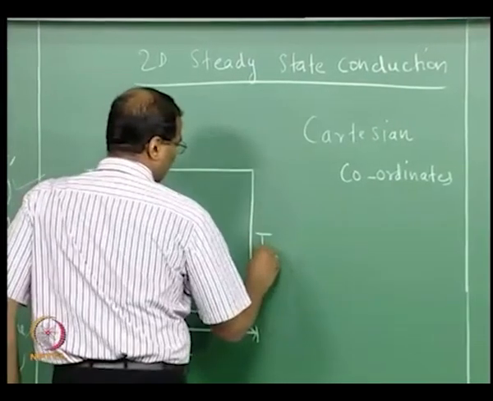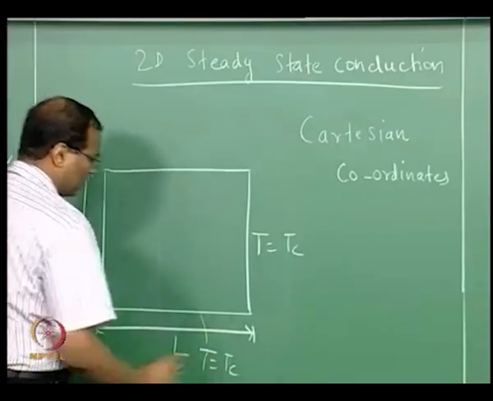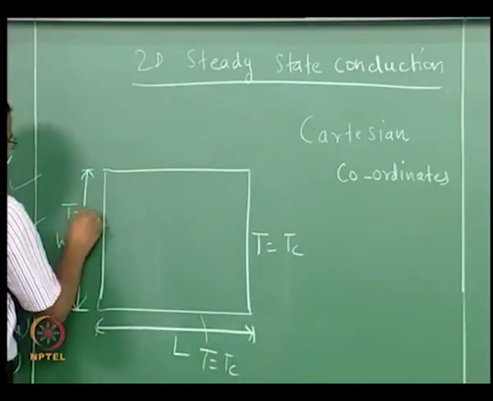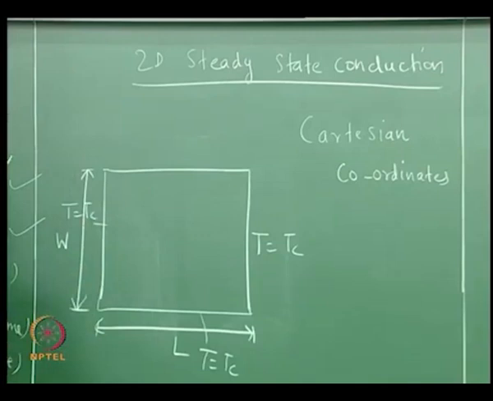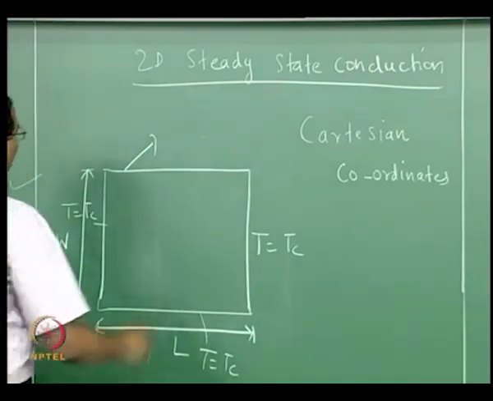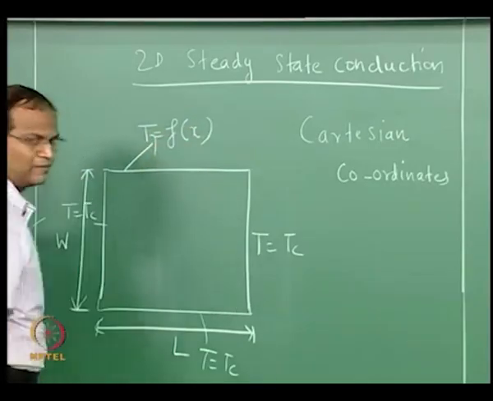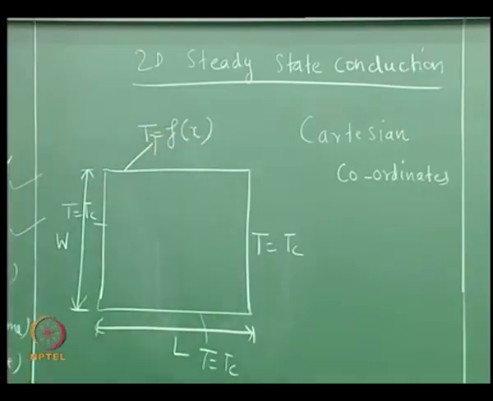Now I could have a prescription of temperature for simplicity. The three sides except the top are at a temperature Tc, Tc meaning cold temperature. The top I don't need to have a constant temperature. I can have T as a function of x, which could be because of some electrical heating or something.